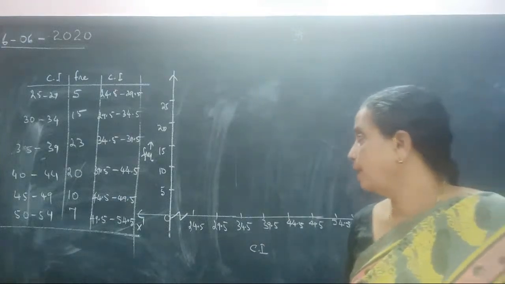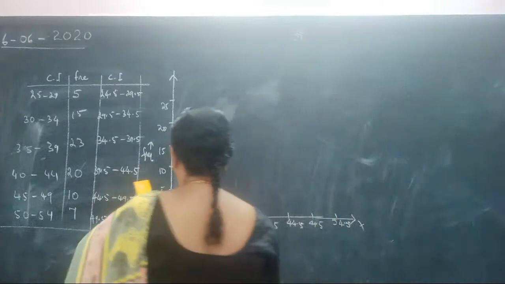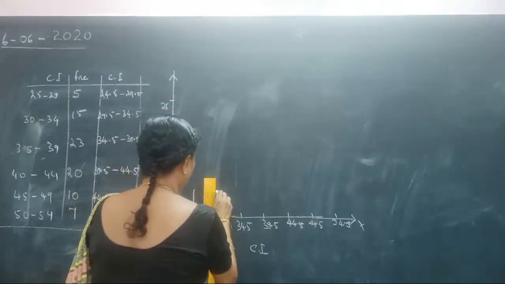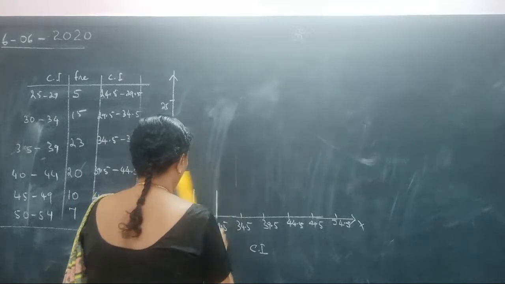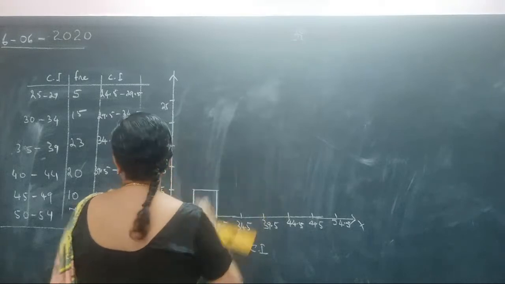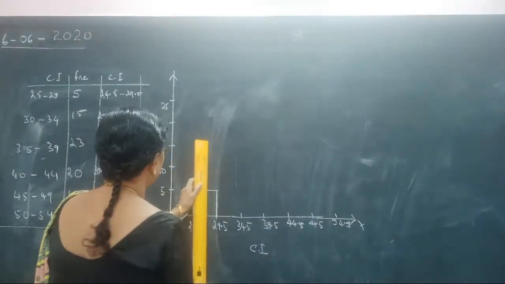What you will get? It is 5. First frequency is 5, so mark using scale and pencil the rectangle box showing 5. Then 15.